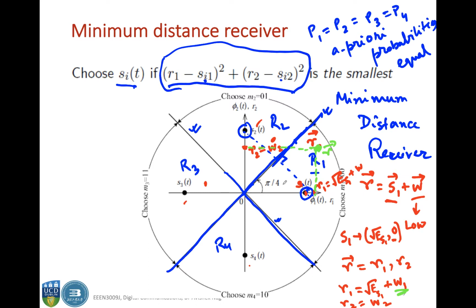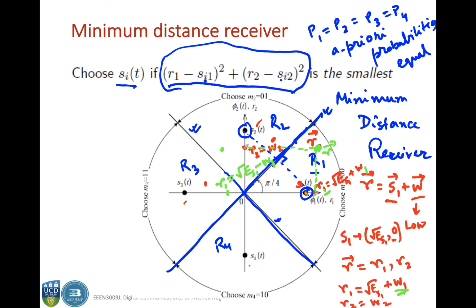If I add W1 with square root of ES1, and if it is too negative, then it might take this component of the received signal here. So this can be your new R1, which is actually square root of ES1 minus something, a very high negative quantity, because the W1 component is negative. So in that case my received signal will be here.